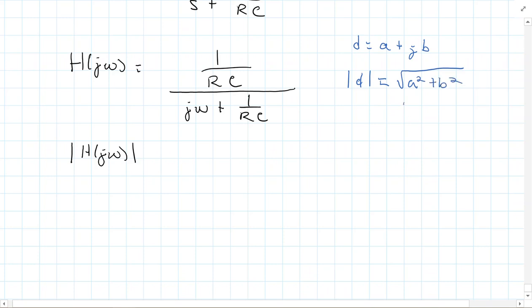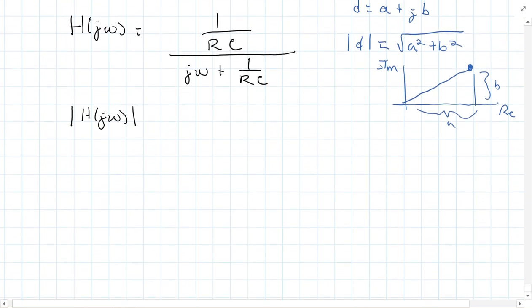And again, the reason for this is literally, if you look at it as plotting that complex number, real, imaginary, this would be A, this would be B. So you're literally doing Pythagorean's theorem here.